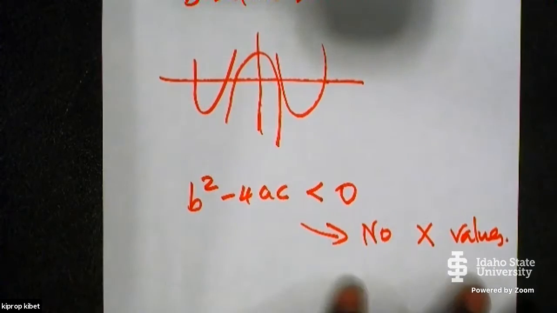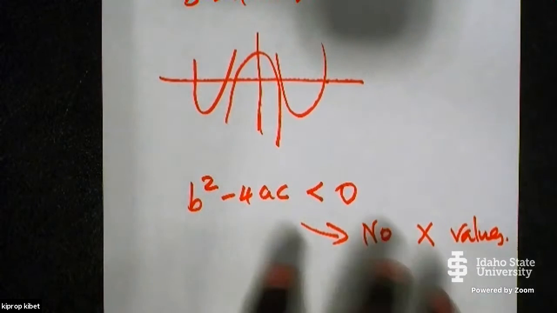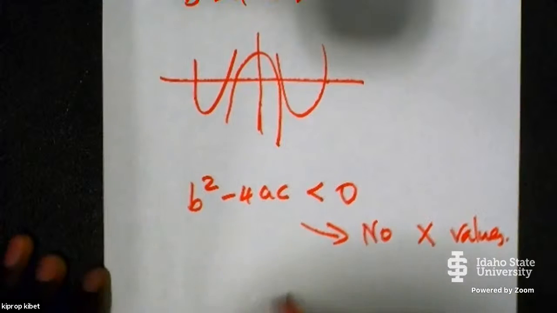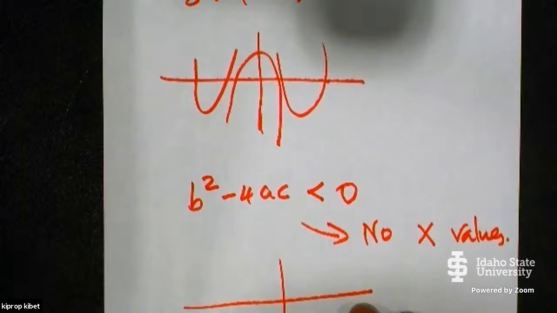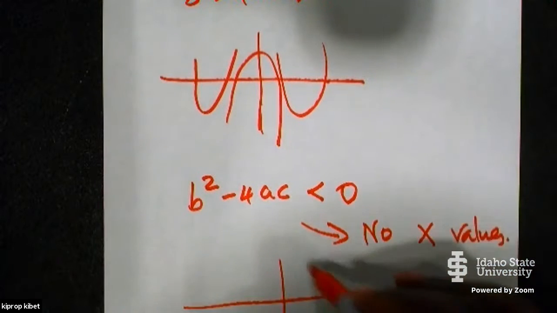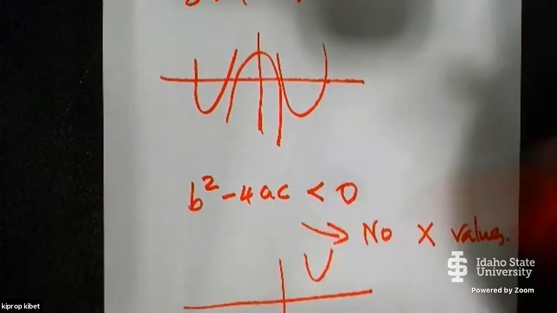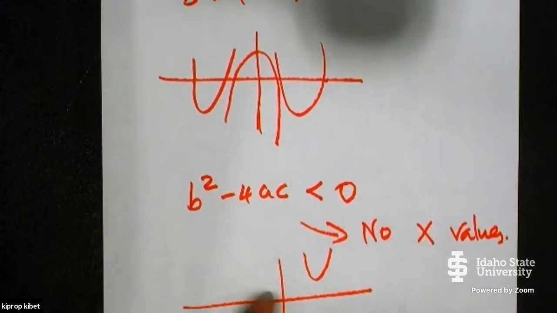So you will not get the x values because they will not be real. Because we don't have the x values, our graph will be outside there. It can go outside here because it's not touching anywhere on that line.